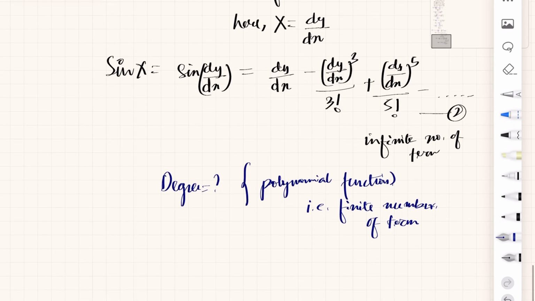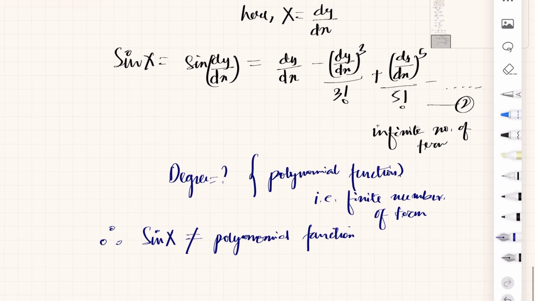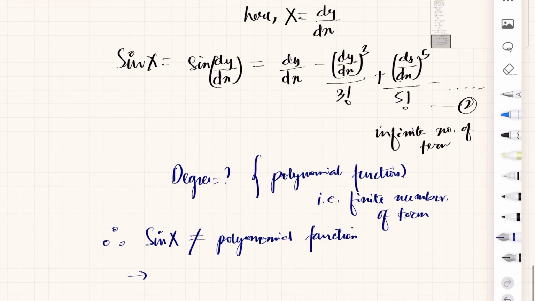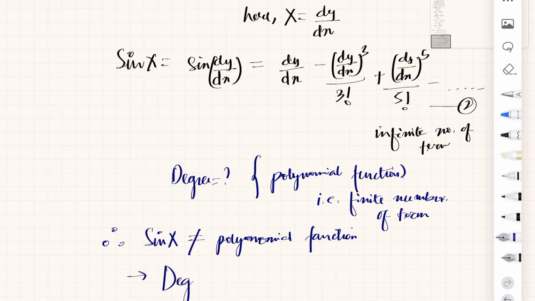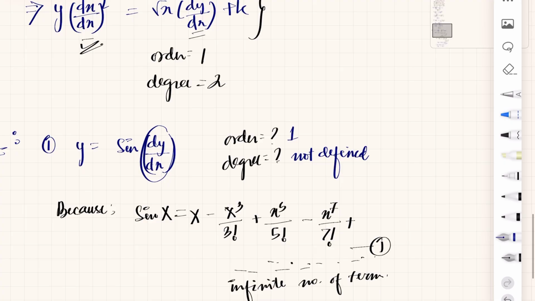So we can conclude sine x is not equal to a polynomial function. So the degree is not defined. Correct? So now I proved that the order is 1 but the degree is not defined.